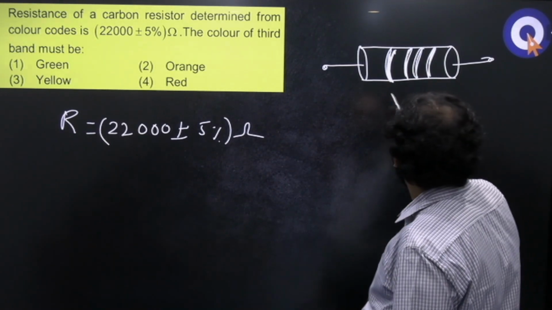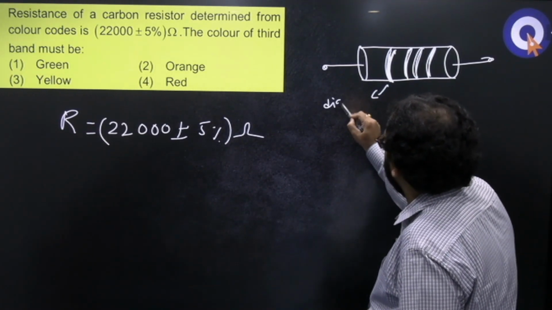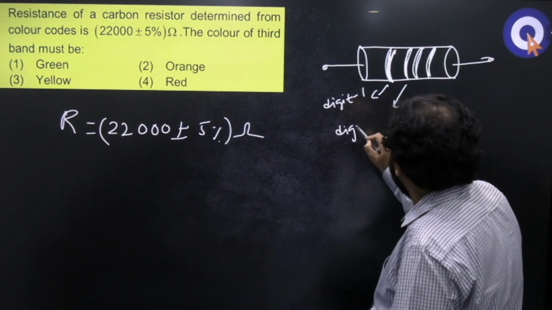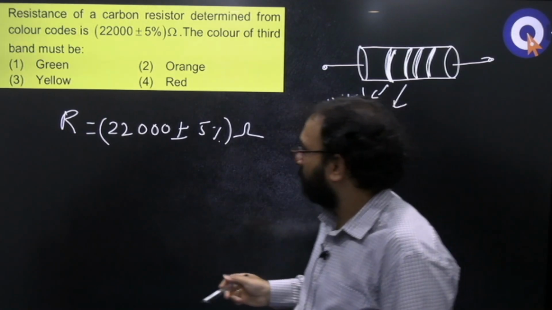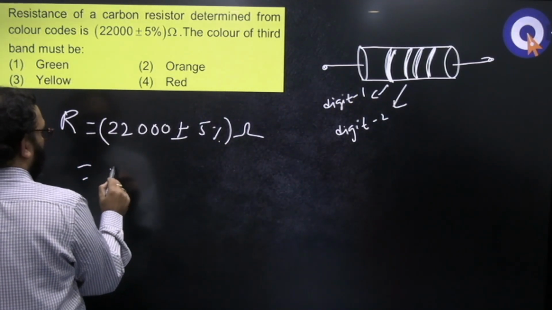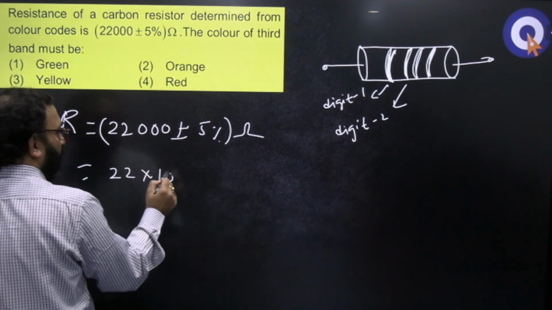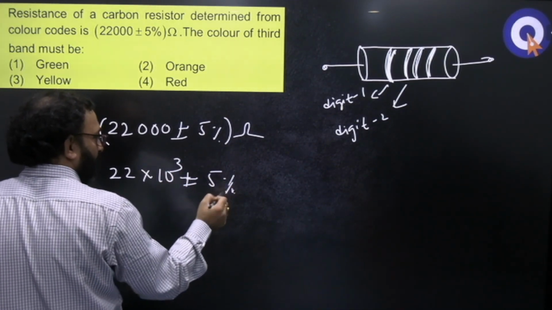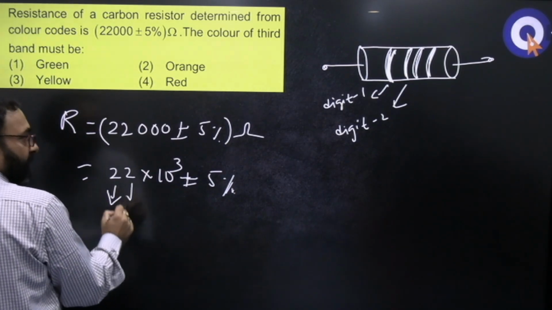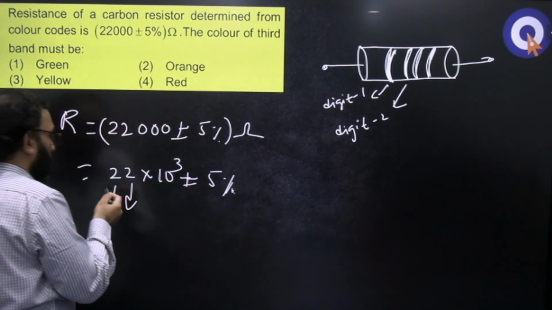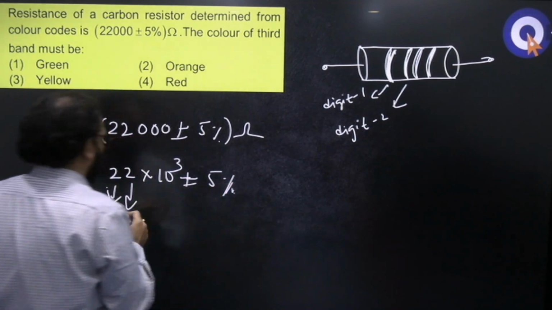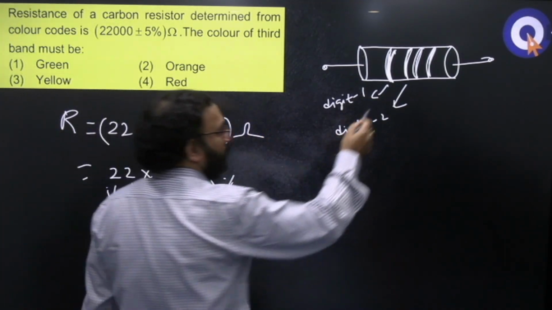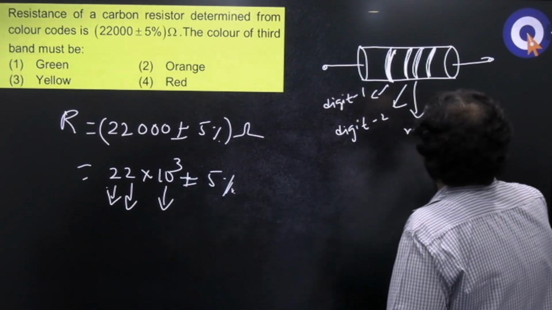So this is for digit 1. Digit 1 means the first digit of the resistance, 22 into 10 power 3 plus or minus 5%. This 5% is tolerance, and this is the first digit, color 2 is the second digit, and the third color is the multiplier.